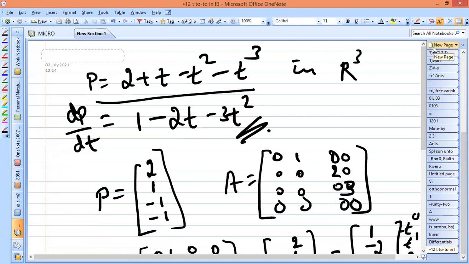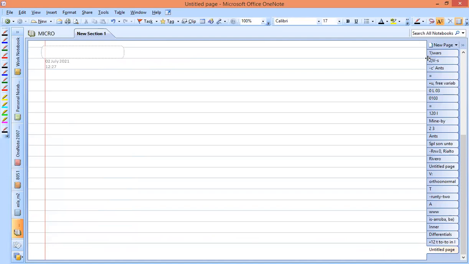So next we'll take up the integration. Find the integration matrix for the basis vector and find the integration of the polynomial p is equal to 1 plus 5t plus 3t square.